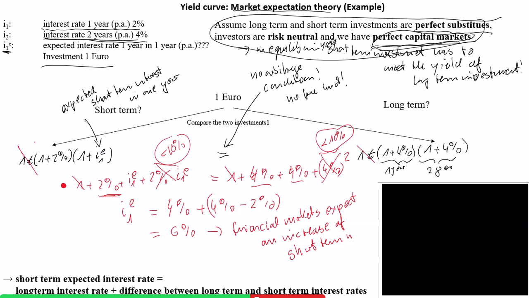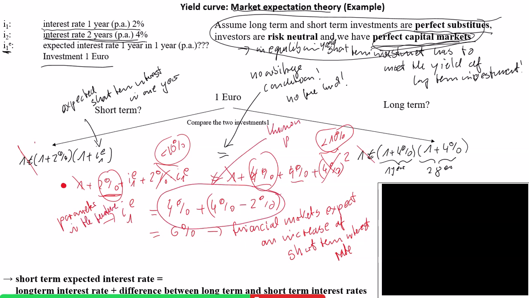All these interest rates for different bonds with different maturities, we can look up today. So we are knowing these two numbers, 2 and 4%. And this is a very nice situation for economists because from our theory, market expectation theory, now we can derive a parameter in the future depending on known parameters today.